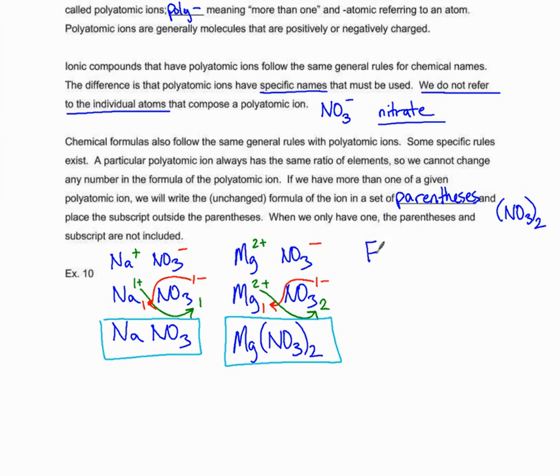Similar ideas. So if you look at iron and nitrate, nitrate always has a -1 charge. But iron is a transition metal, and so remember, its charge could be different. And so this iron is specifically iron 3+.